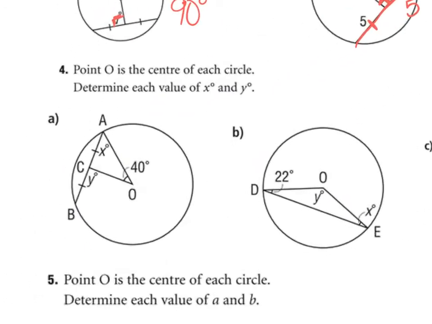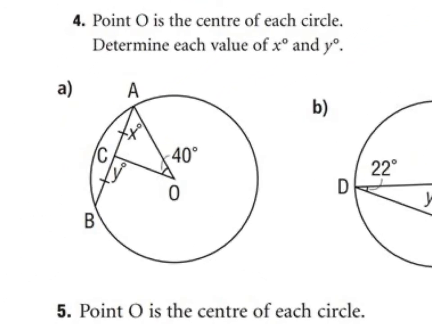For number 4, we're trying to find the values of each angle. Again, we're going to do it in green. There's our chord from O, the center. There's our perpendicular bisector because it's cutting it into 2 equal parts. So that means that angle Y is 90 degrees. For X, if this side of the line is 90, this side is also 90.